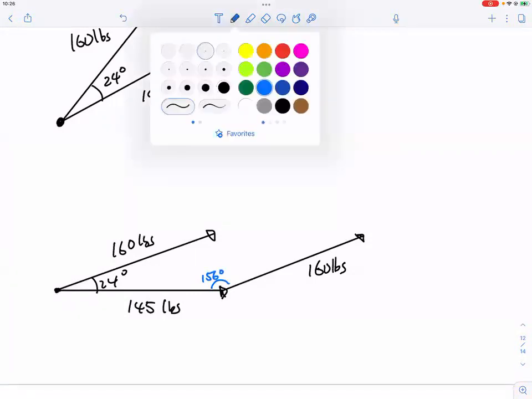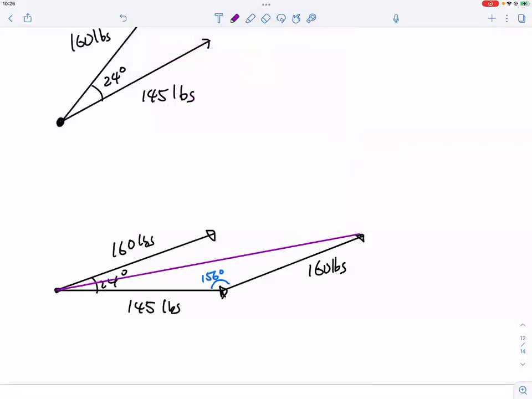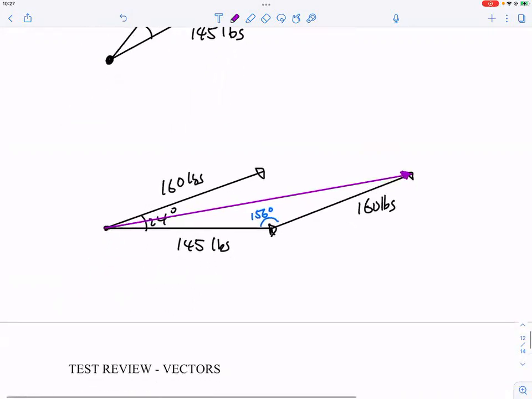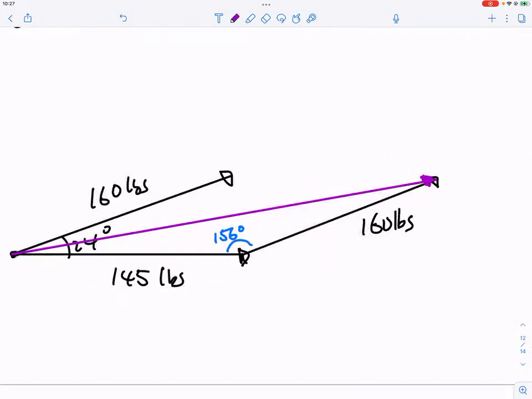Then I would draw my resultant from the beginning to the end. Let's go through that question first: how do you know it's 156? Well, it's a parallelogram, so this is 24 degrees.